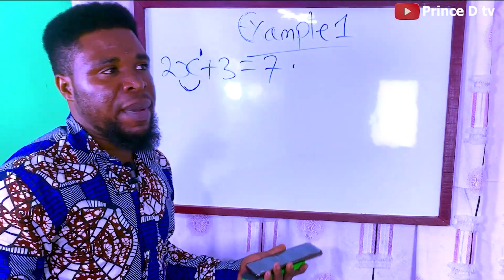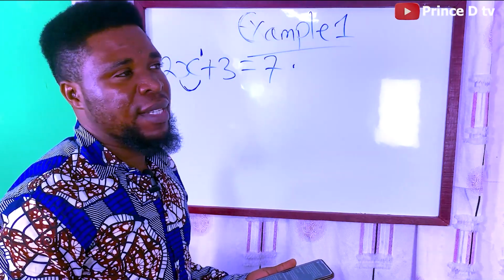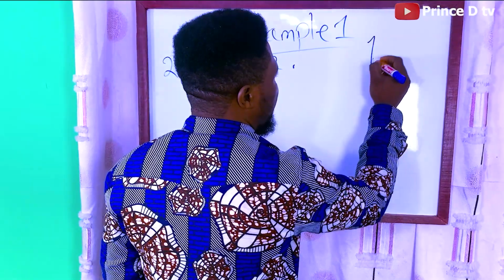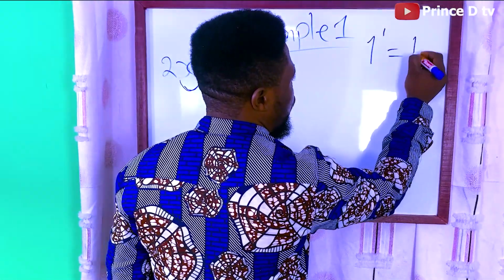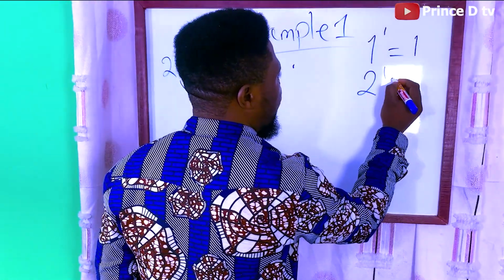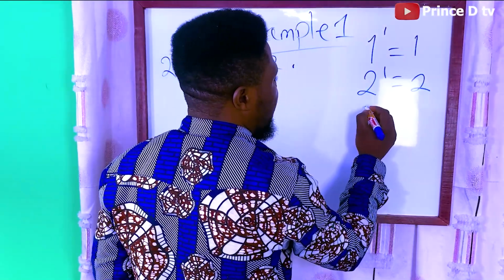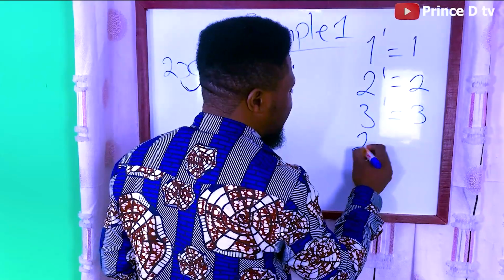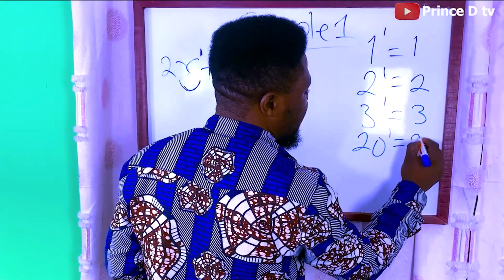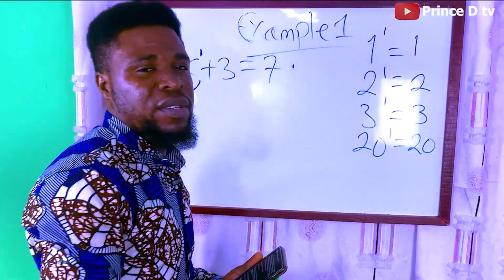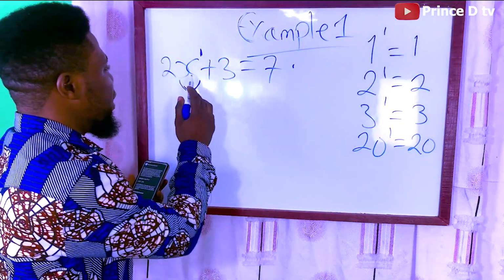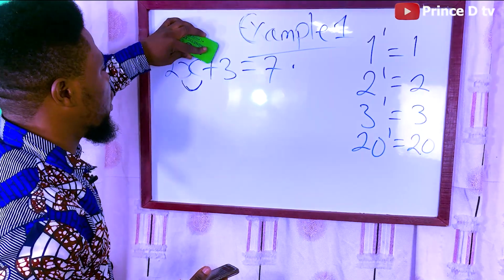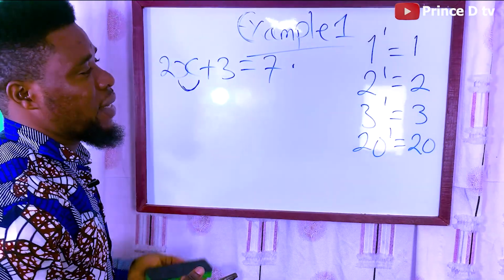Remember, anything raised to the power 1 simply remains the same. 1 raised to the power 1 is 1, 2 raised to the power 1 is 2, 3 raised to the power 1 is 3, and 20 raised to the power 1 is 20. Same here, x, so the highest power is 1. No need for us to put the 1 because it simply remains the same.